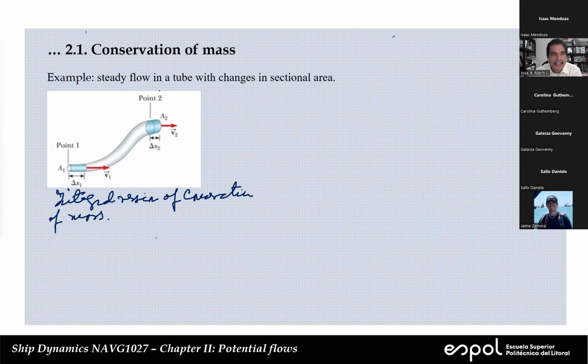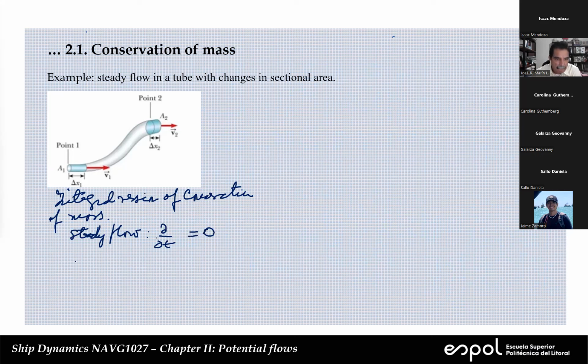In this case, we are considering the steady flow in a tube, but in A1 and in A2, the areas are not the same. So in this case, we have a steady flow. If we have something steady, that means that there is no rate of change in time. So the derivative with respect to time of any variable is equal to 0.